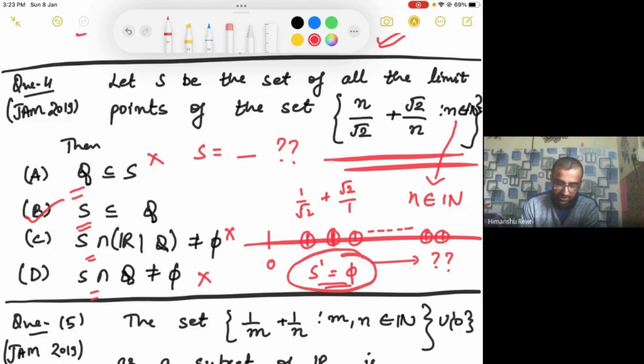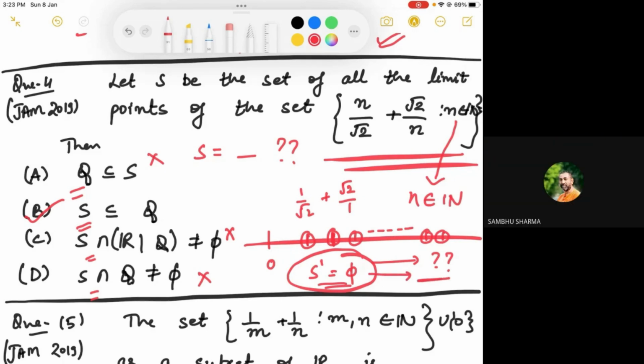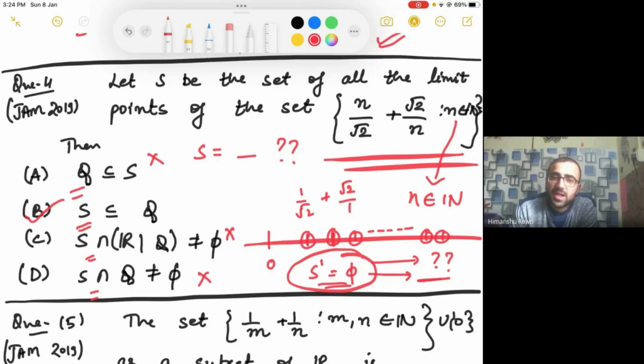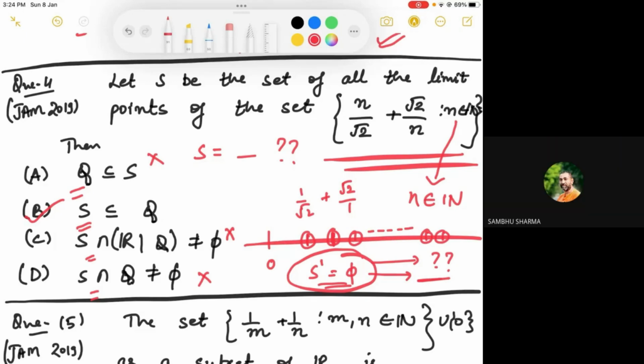So now my question is, why is this true? Sir, if this set is diverging to infinity, okay, so it has no limit point.